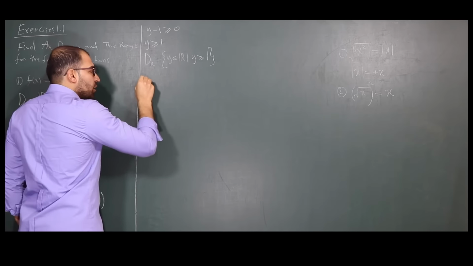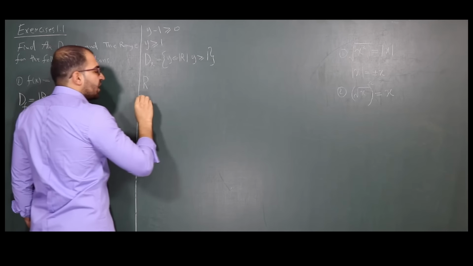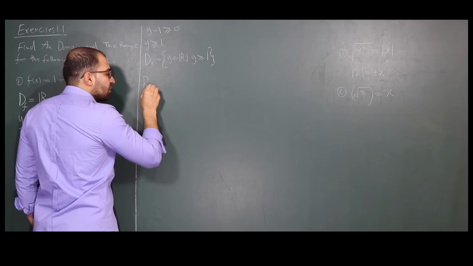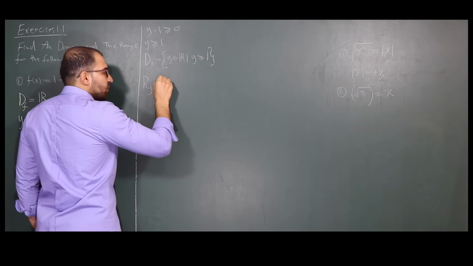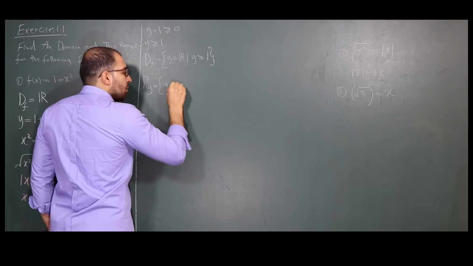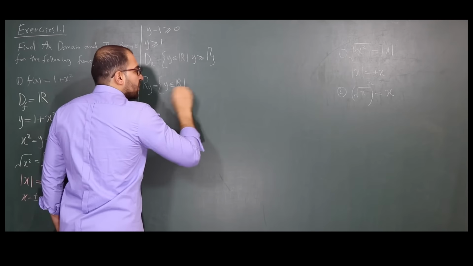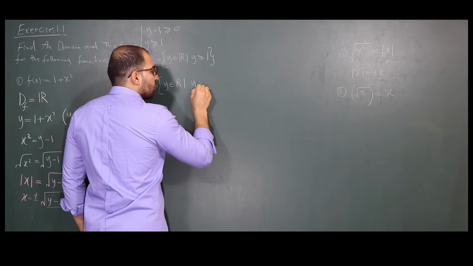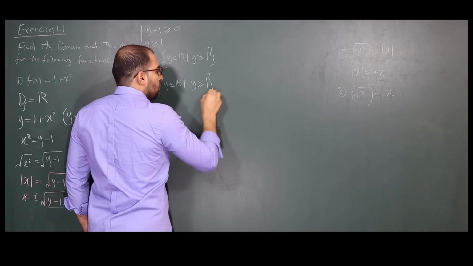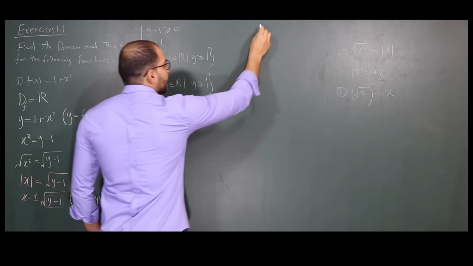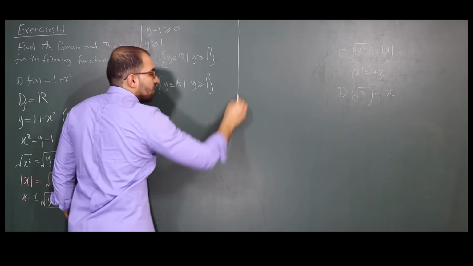So the final result is that the range of the function y, which is the original function, will be y in the real line such that y is greater than or equal to 1. And we finished the solution to this function.